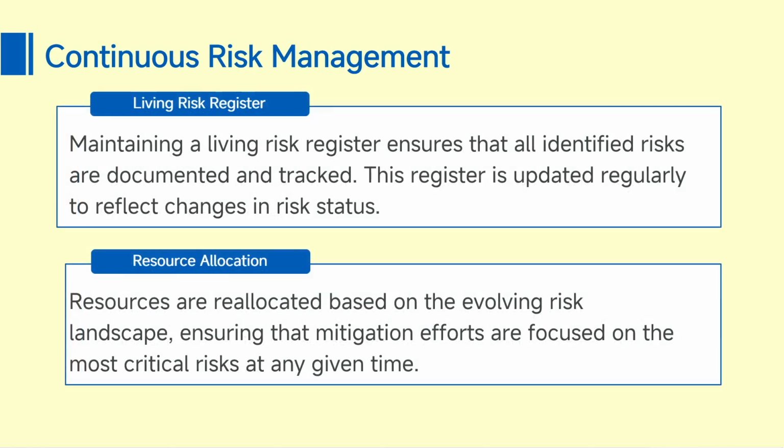There could be something called a living risk register, where all the identified risks are documented and tracked. This register is updated regularly to reflect changes in the risk status. Resource allocation: based on the evaluation of the risk landscape, we have to make sure the mitigation efforts are focused on the most critical risk at any given time.